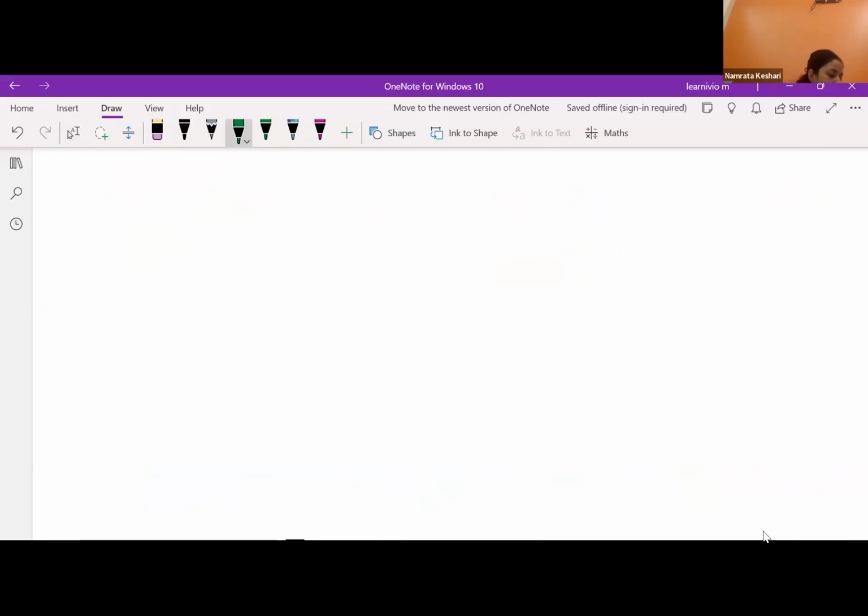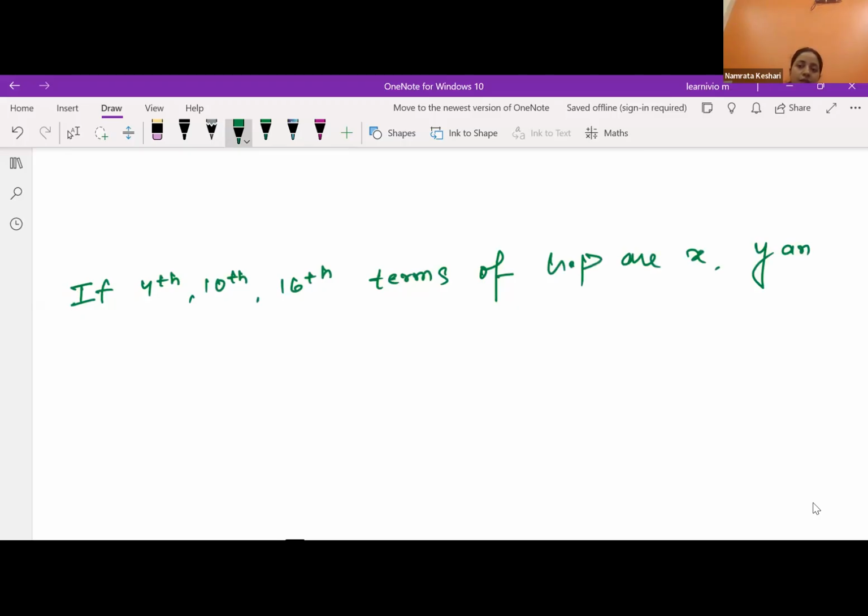If the fourth, 10th, and 16th terms of a GP are x, y, and z respectively, prove that x, y, z are in GP.